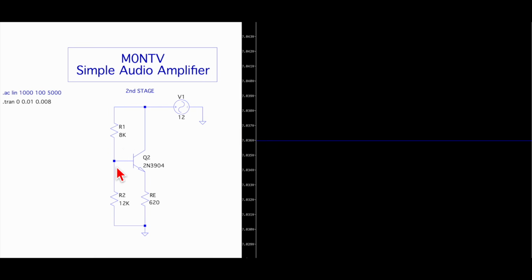So in order to get 7 volts here, it's exactly the same calculation for R2. So it's 7 divided by 10 times the base current. So the base current, given a beta of 173, is 57.8 microamps, that gives us 12.1 kilo ohms. So I just put in a 12K resistor.